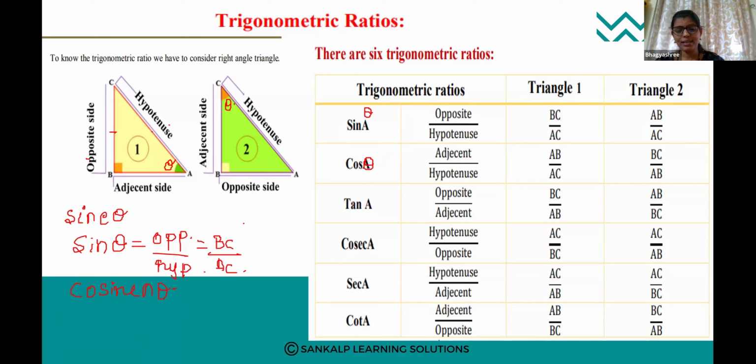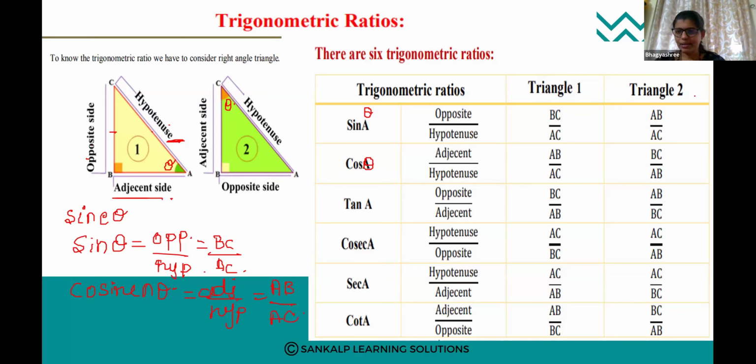Cos theta means we compare which two sides now? Remember, cos theta means adjacent side divided by hypotenuse. This ratio we call cos theta. Here the adjacent side is AB divided by the hypotenuse AC.